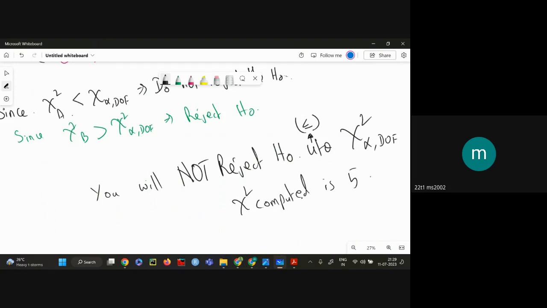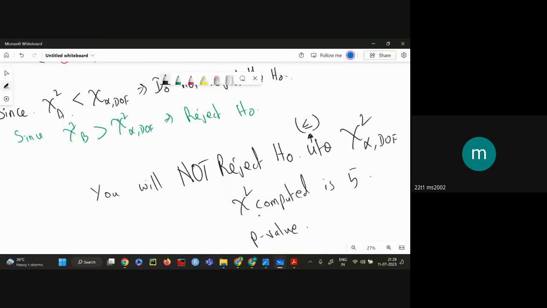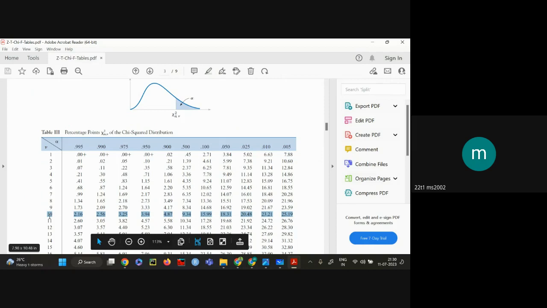Now, the p-value: I will go to 10 degrees of freedom. Of course, when you do a computation, that also has a DOF, which is the number of bins minus number of parameters minus 1. Go to the table, DOF 10, and see where you get 5.